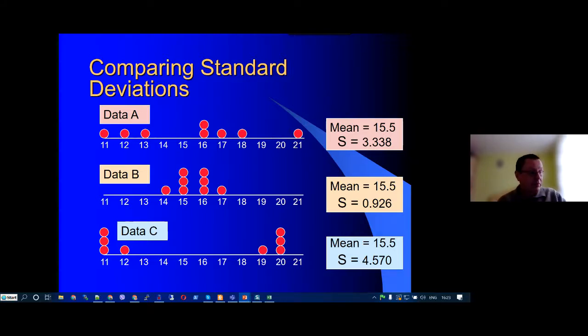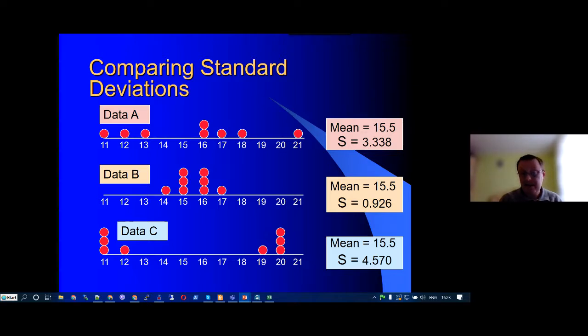Okay. So standard deviation, again, is a variability characteristic that could help us in assessment of our data set. Here are given 3 examples for 3 different data sets. The red points represent values recorded in the data set.